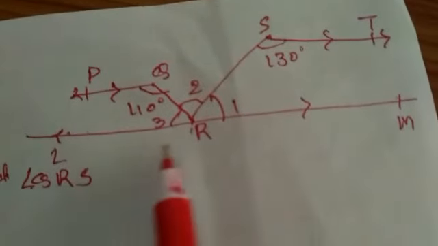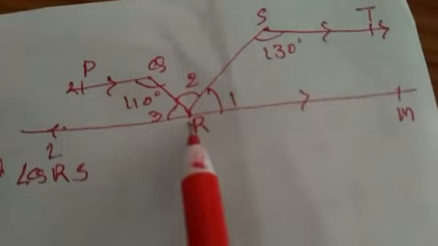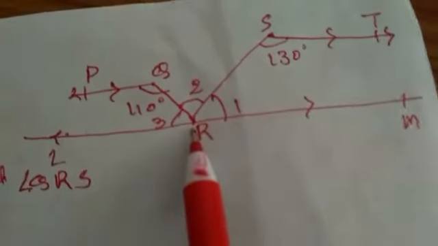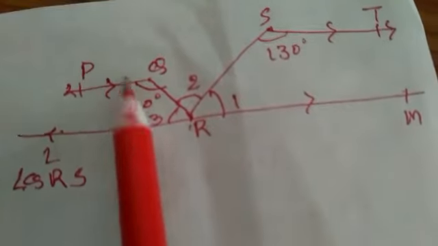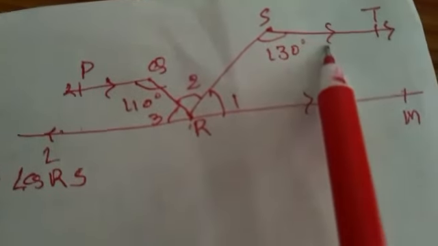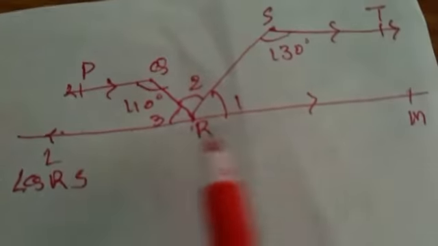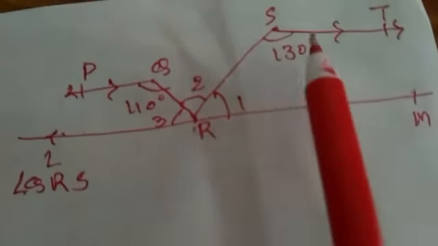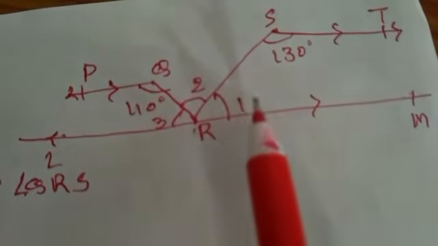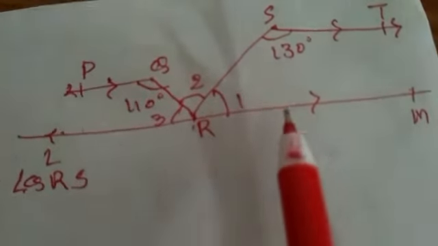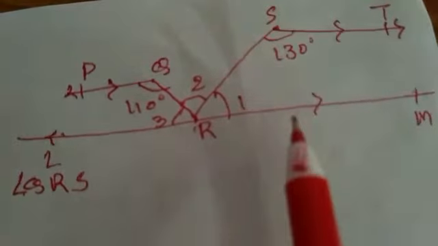We draw a line LM passing through R, which is parallel to PQ. And since PQ is parallel to ST, this line LM is parallel to ST also, because if a line is parallel to two different lines, then those lines are also parallel.